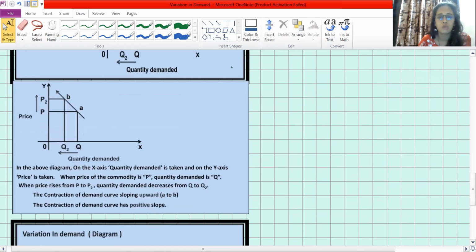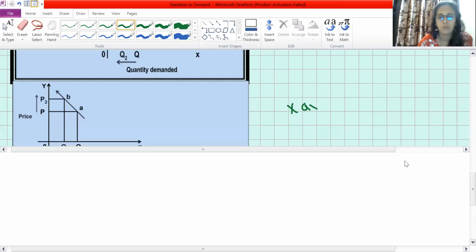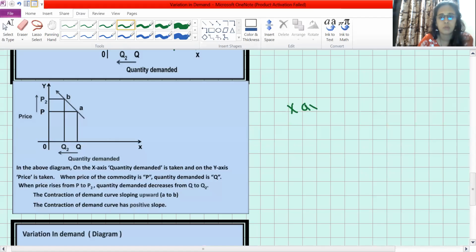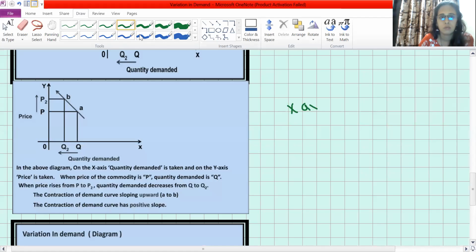Now see, as usual, our explanation part: x-axis indicates what, y-axis indicates what.